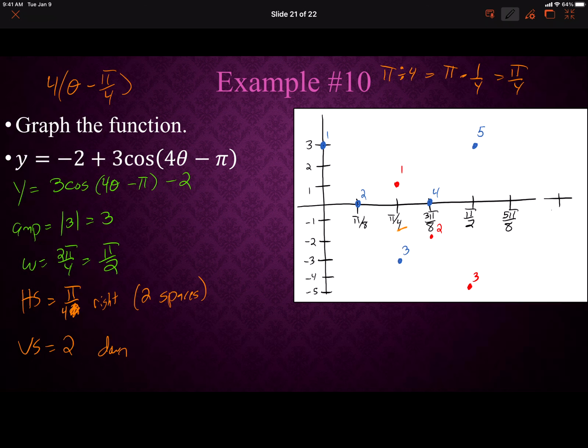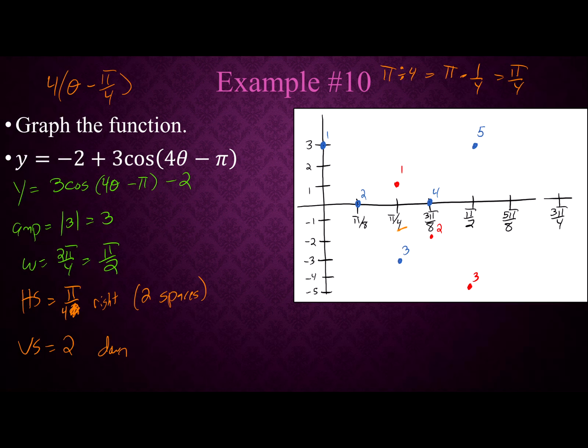Then 6 pi over 8 reduces to 3 pi over 4. So then those next 2 points, point 4 is going to go 2 spaces to the right and 2 spaces down. So it's going to go right there. And then point 5, the last one, goes 2 spaces to the right, 2 spaces down. So it's going to go right there. We connect them to make our curve. That's our final graph right there.